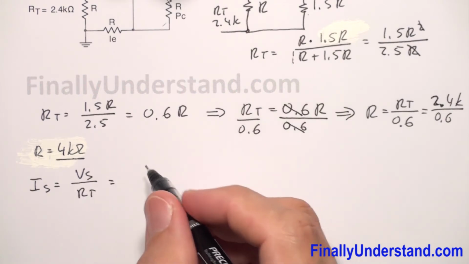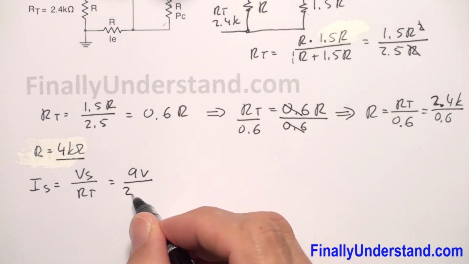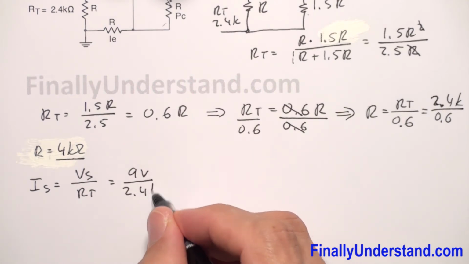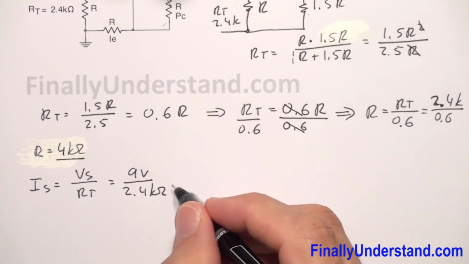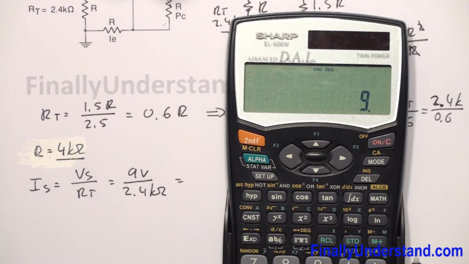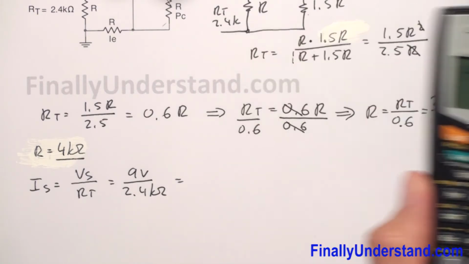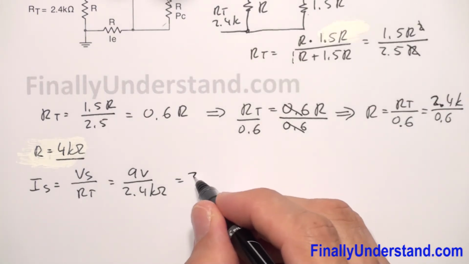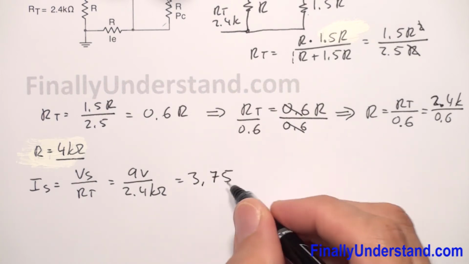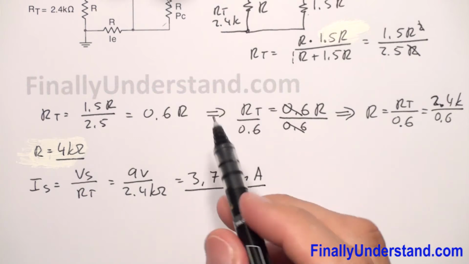So this is equal to 9 volts divided by 2.4 kilo ohms. And this is equal to 9 divided by 2.4 exponent 3, which equals 3.75 milliamps. This is my current source.